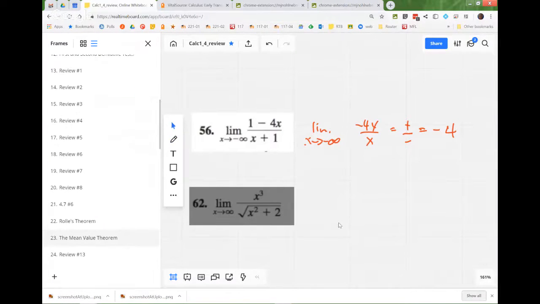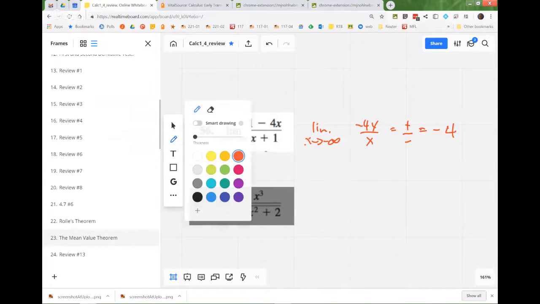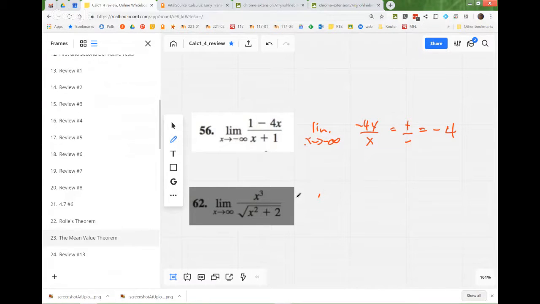Okay, so you're saying rewrite the problem like this: the limit as x approaches negative infinity of x cubed over the principal square root of x squared plus 2.